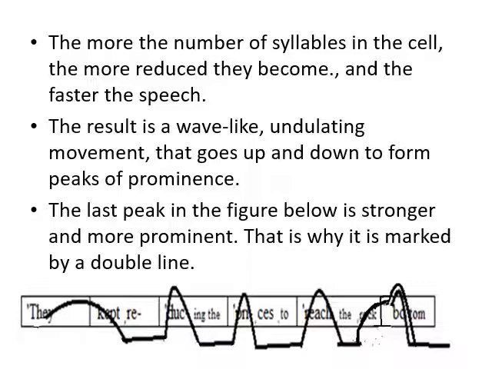The result is a wave-like undulating movement. See the wave-like in this sentence: they kept reducing prices to reach the rock bottom. It's the same sentence of ours. They, right away, is what we call the pre-foot, pre-tonal.